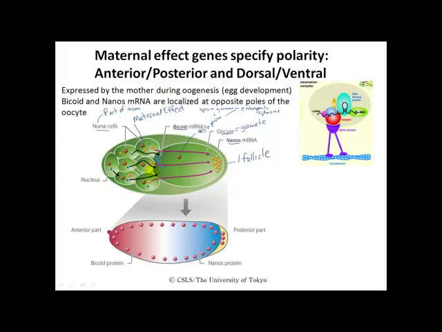So just based on the position of these different regions of the oocyte relative to the position of the nurse cells within the follicle, that's how we establish the initial anterior to posterior body axis, because it turns out that this region that was closest to the nurse cells that has the high concentration of bicoid mRNA is going to specify anterior head structures. This region that was furthest from the nurse cells that has the highest concentration of nanos RNA is going to specify posterior structures. All right. Now, why is that going to happen?